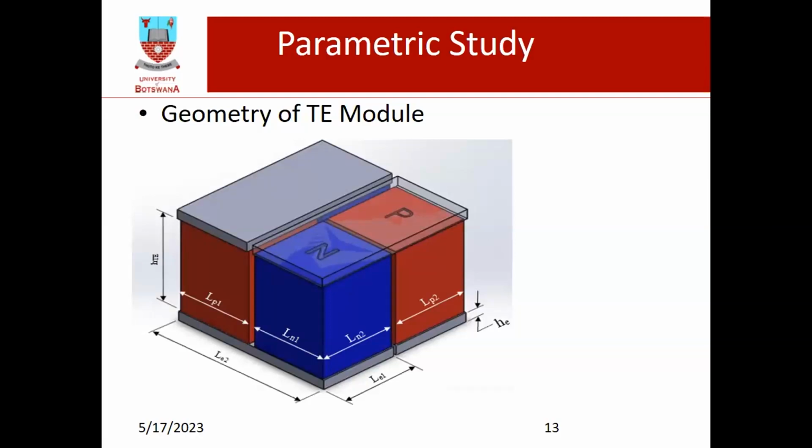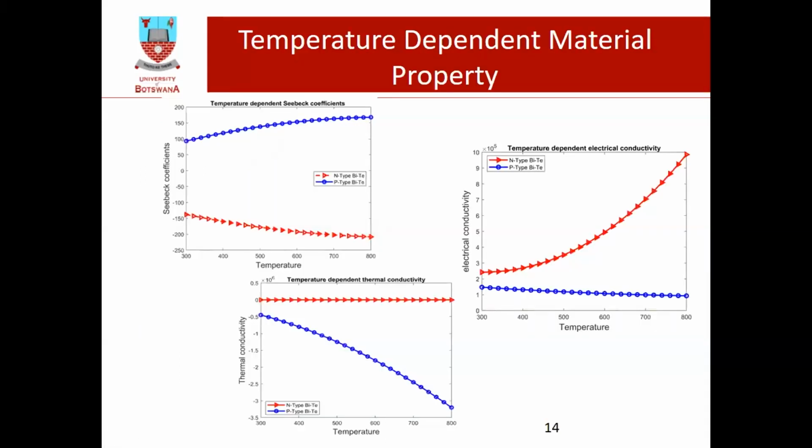So this is the schematic of what we were working on, and these are the legs which we had varied. This is the electrode pad, and it's transparent just for visual purposes. So these are the temperature dependent material properties.